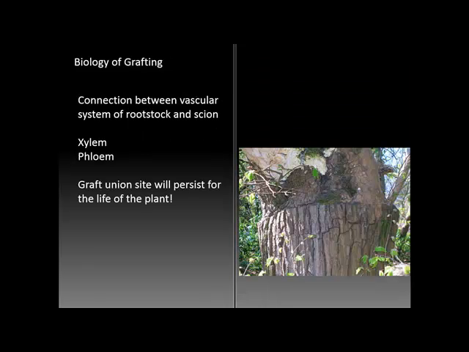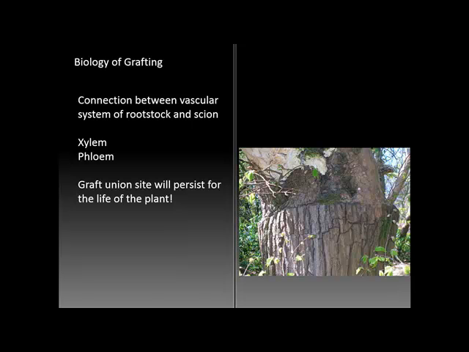So the biology of grafting is that the vascular cambium system of the rootstock and scion need to fuse, and that means that the xylem tissue, which is the tissue that carries water and nutrients up the plant to the leaves and the rest of the plant, and the phloem, which carries the photosynthates and food materials throughout the rest of the plant.